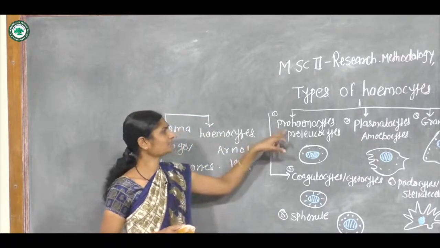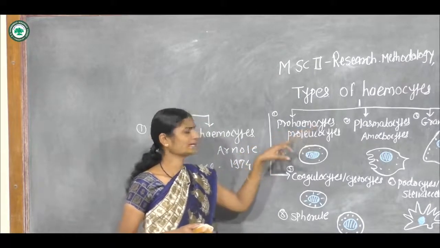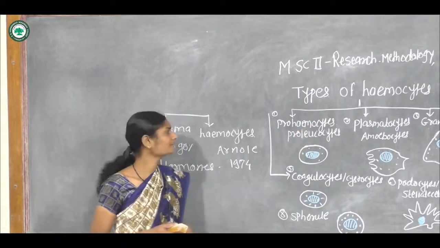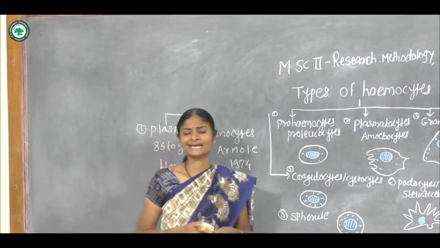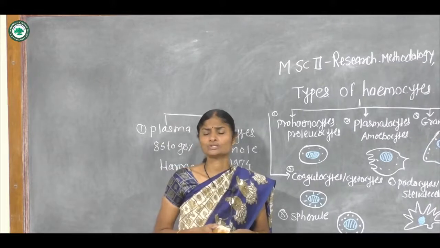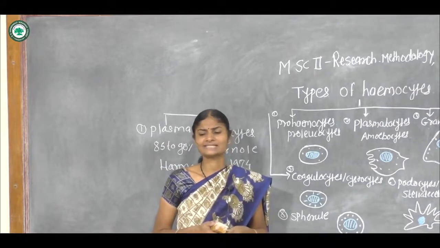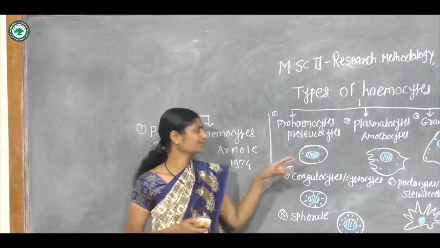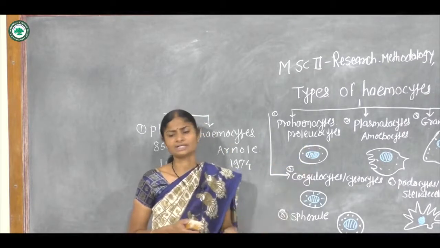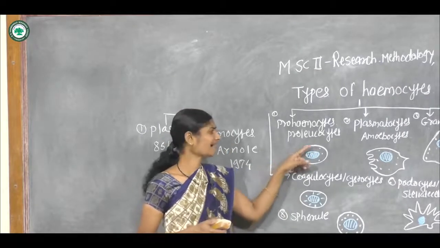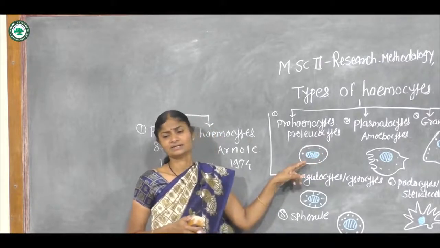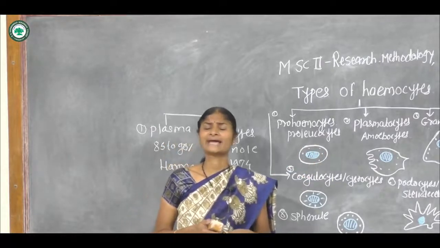The first type is the prohemocyte, also called proleukocyte. These are the smallest of all cells, and the nucleus is spherical in shape and large.